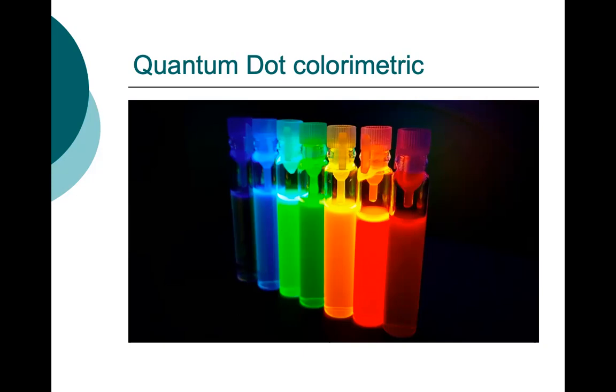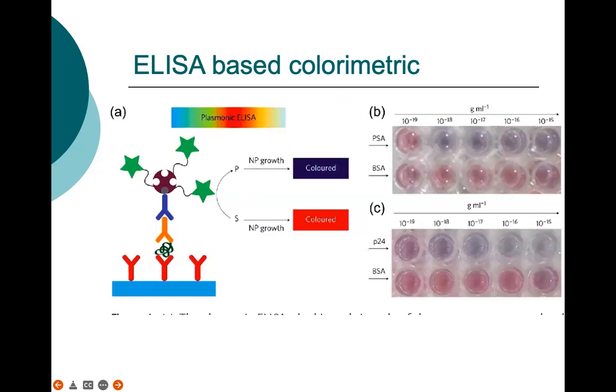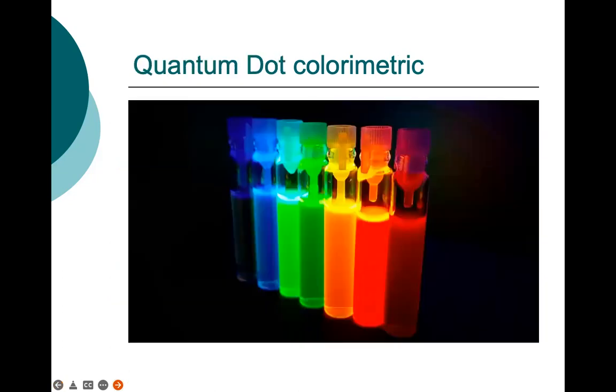If it is like here, you can view it in the visible region. That's why you can observe the color without UV lights. But this one is fluorescent, so it can only be observed under fluorescence condition. It means that you cannot just use normal light. You have to use a UV lamp to observe these fluorescent properties.